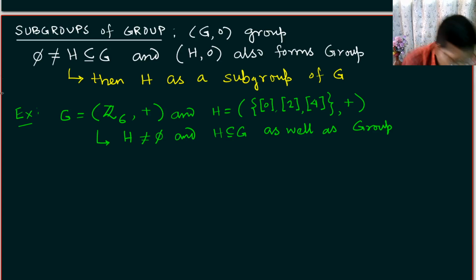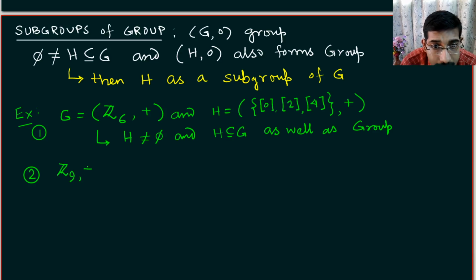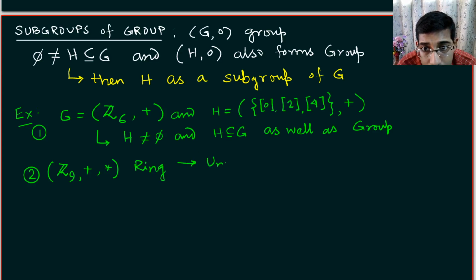The other example you could think of is with the units. Just remember the units, where I have defined that there are certain inverses of the unit. Let Z9 with plus and star be the ring. If I consider the units of this ring, that is U9 with respect to multiplication, it forms a group.